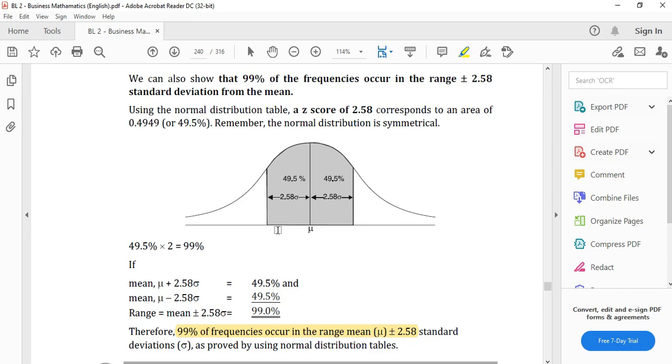Now, if you read this curve, since the normal distribution is symmetrical, the z-score of 2.58 corresponds to an area of 0.4949. How did they get 0.4949 for a z-score of 2.58? See, the 2.58 they mention is the gap. It is not a value on the x-axis, it is only the gap, because it's the number of standard deviations.